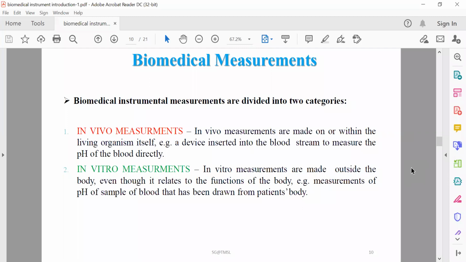That is also an in vitro type measurement. Literally, the term in vitro means in glass, which implies that in vitro measurements are usually performed in test tubes. So these are two types of measurements which can be performed in biomedical instrumentation.